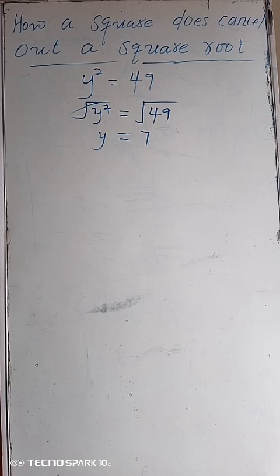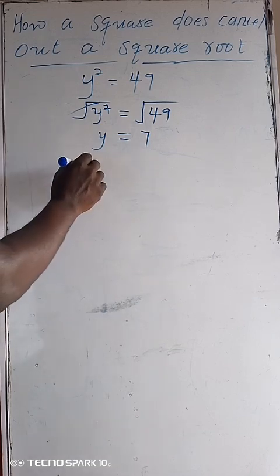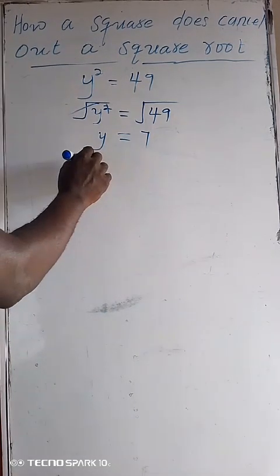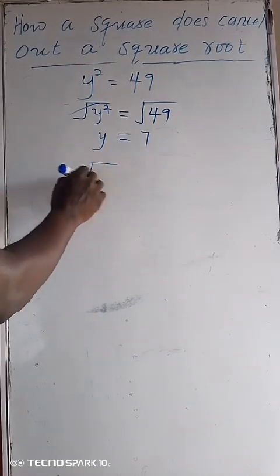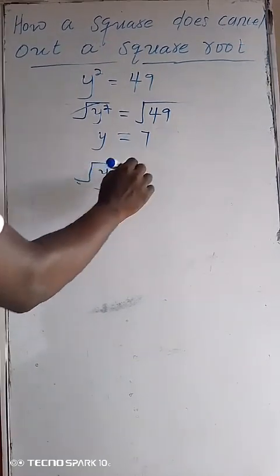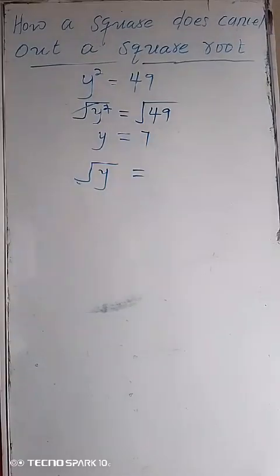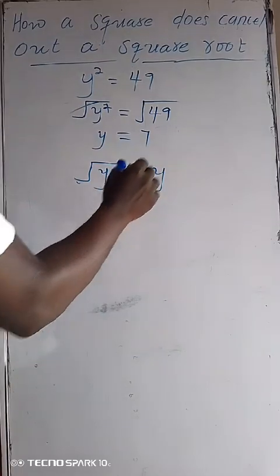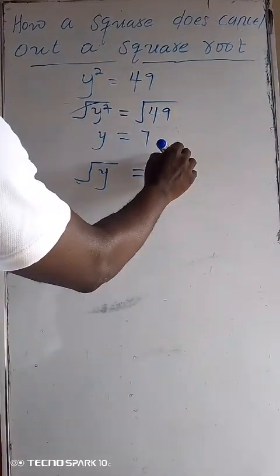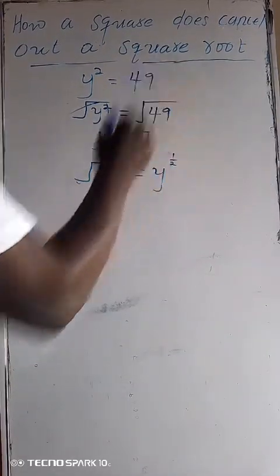For instance, if we have, let's say, the square root of y, the square root of y can be written as y raised to the power 1 out of 2.